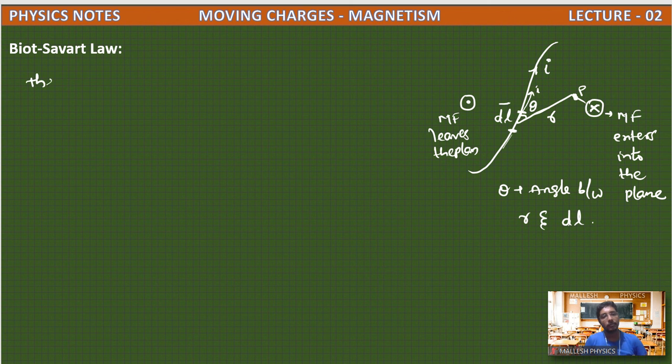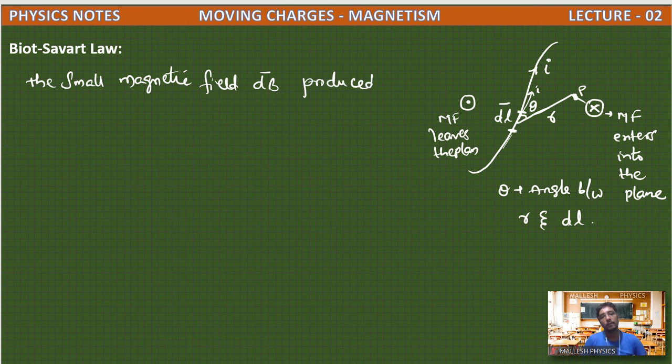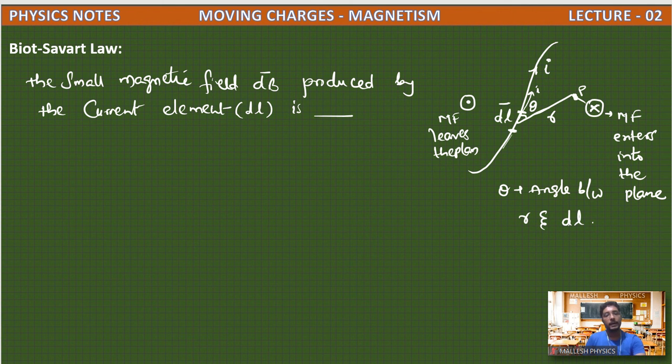The small magnetic field dB produced by the small current element is directly proportional to the current.